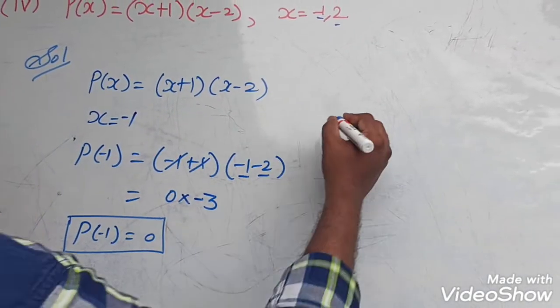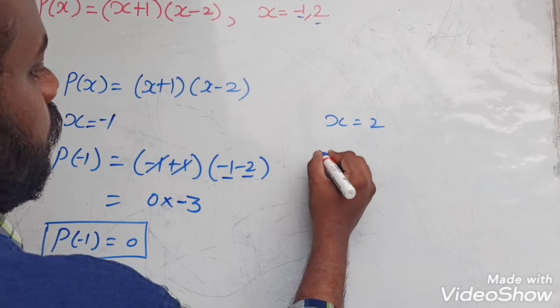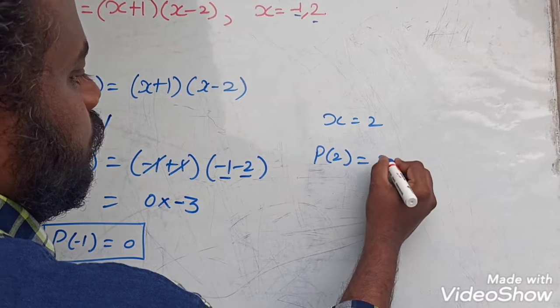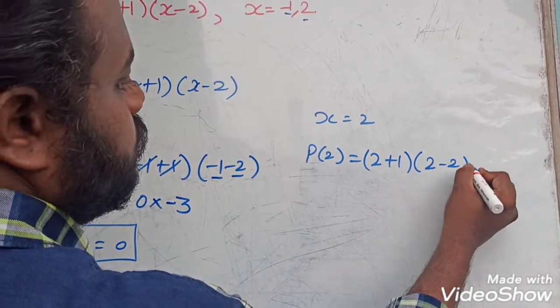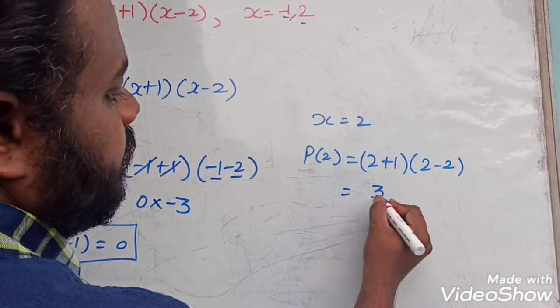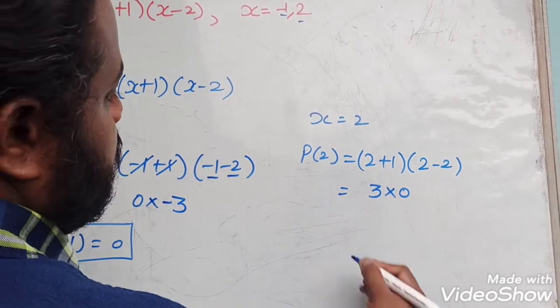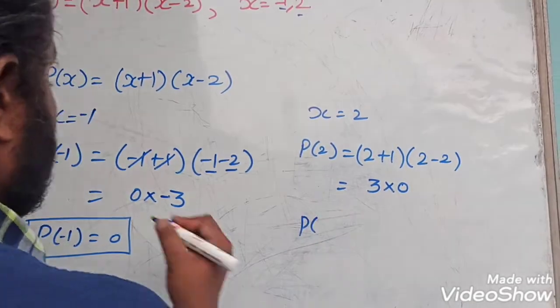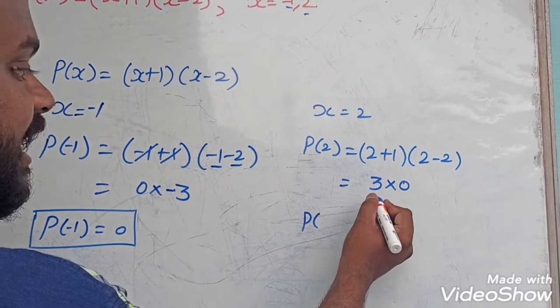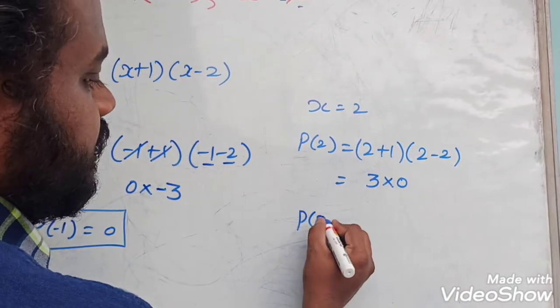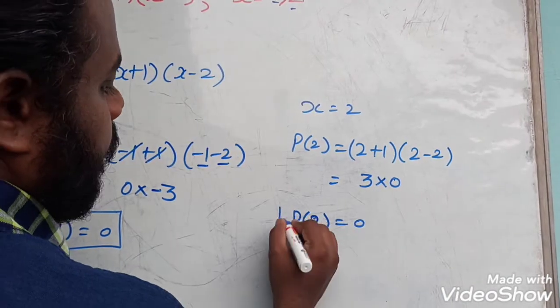The same way I substitute x equal to 2. So p of 2 equal to 2 plus 1 into 2 minus 2. So 2 plus 1 we get 3 into 2 minus 2 is 0. So anything multiplied with 0, we get 0 only.